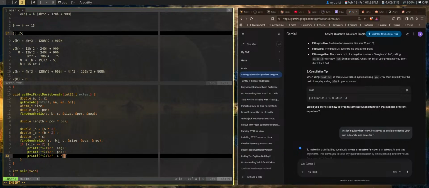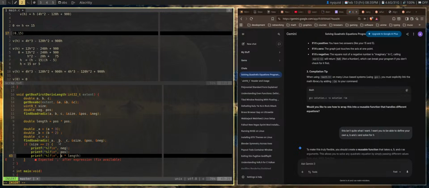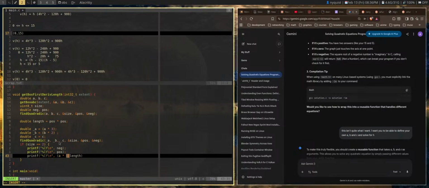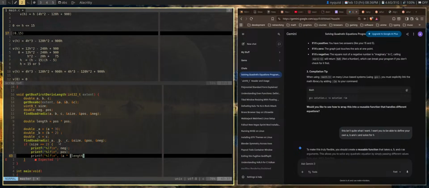A times length to the power of 2, so we're going to have to do that twice. A times length to the power of 2.